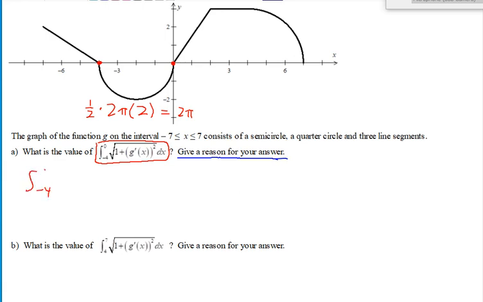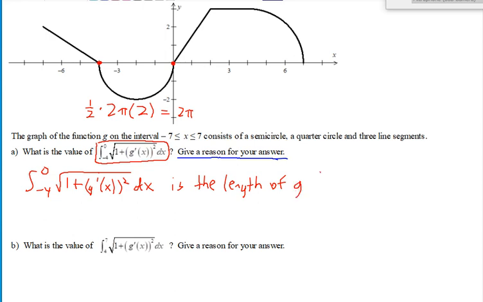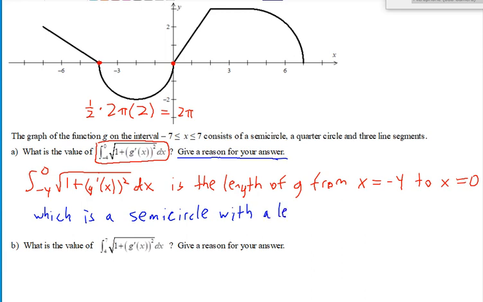The integral from -4 to 0 of the square root of 1 plus g prime x squared dx is the length of our graph g from x equals -4 to x equals 0, which is a semicircle with a length of 2 pi. You don't have to word it exactly like this, just as long as it has the same components.